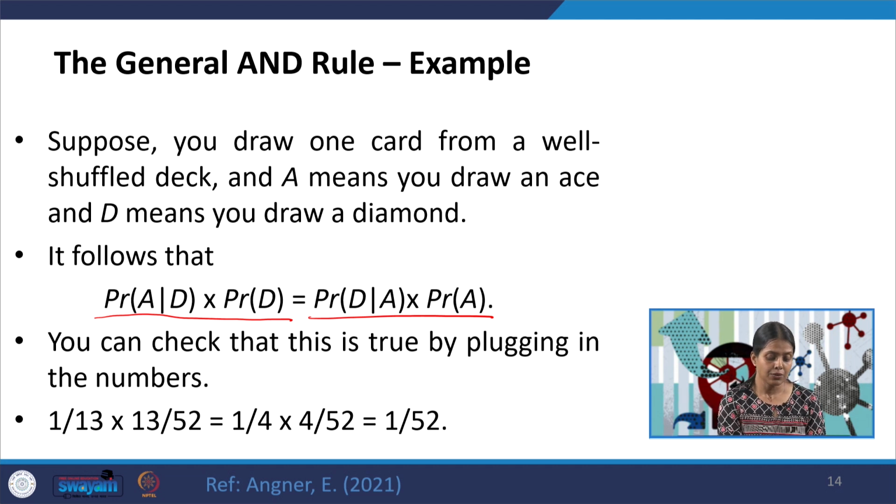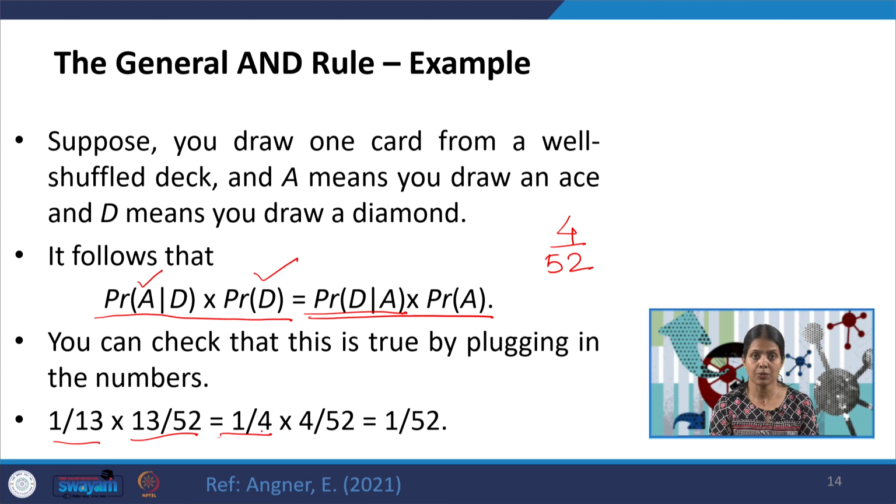Drawing an ace is simply the probability of 4 upon 52, which is 1 upon 13, multiplied by 13 upon 52, which is the probability of drawing a diamond. There are 13 diamonds in a pack of cards. Similarly, drawing a diamond is 1 upon 4 multiplied by drawing an ace, which is 4 upon 52, that gives us 1 upon 52.